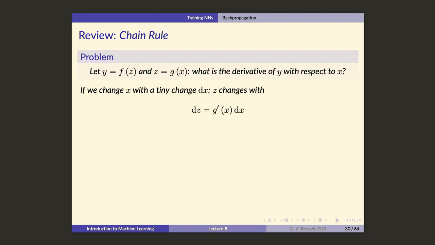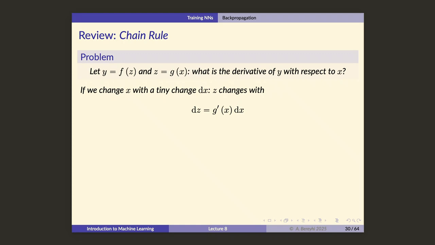The derivative of z with respect to x, which we sometimes show by g prime of x, when multiplied by any tiny change in x, specifies the change in z. So if I change x a tiny bit by dx, then the output z is going to change by dz.